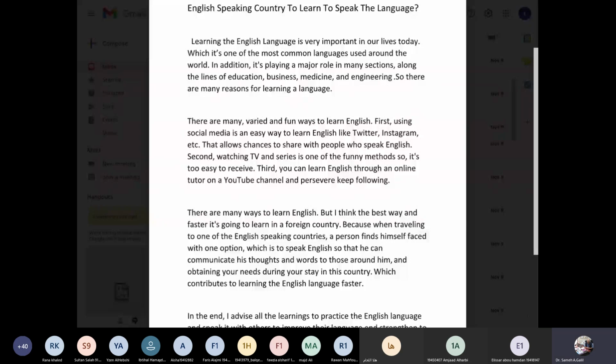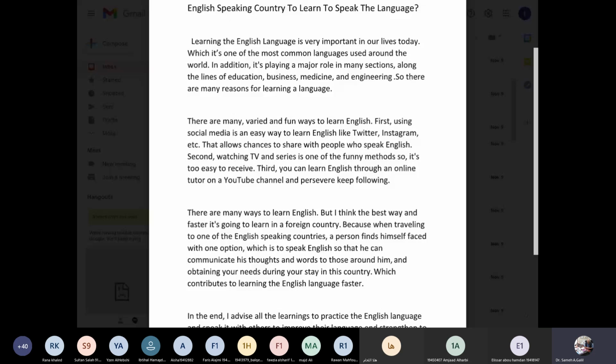So do we have this arrangement? Yes, we do have that. Perhaps it's misdirected, but it is a good one. We start off with the attention grabber. Do we have an attention grabber? Yes. When she said learning the English language is very important in our lives today.